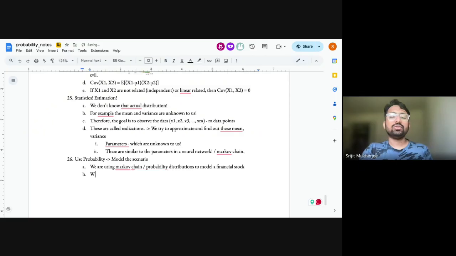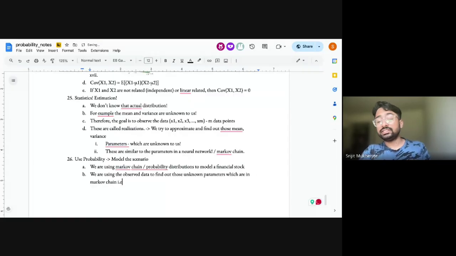And we are using the observed data to find out those unknown parameters in the Markov chain. Can someone tell me what the unknown parameters in a Markov chain are? Any idea? A wild guess. What is not known in a Markov chain that you use data to find?